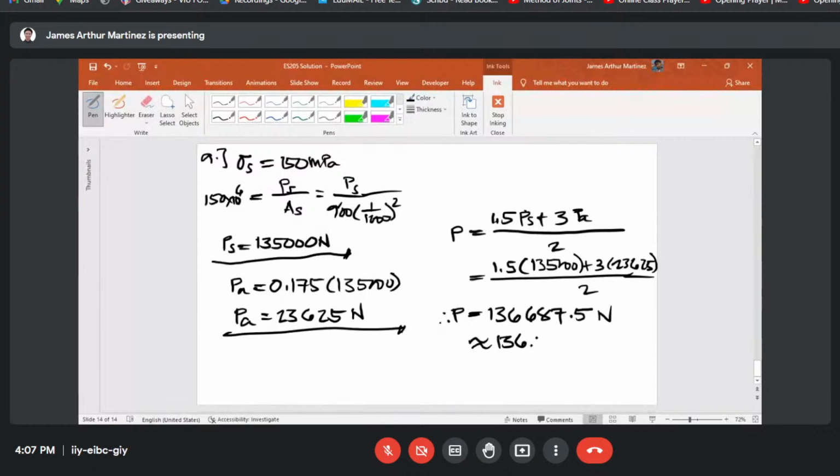Therefore, this is just 136.688 kN. So this is our answer for part A.